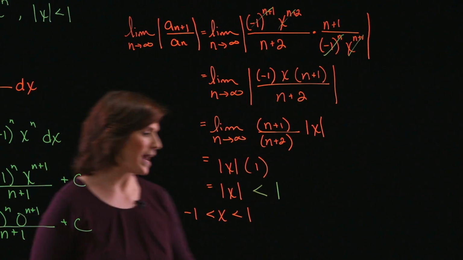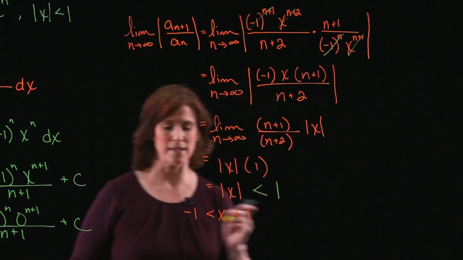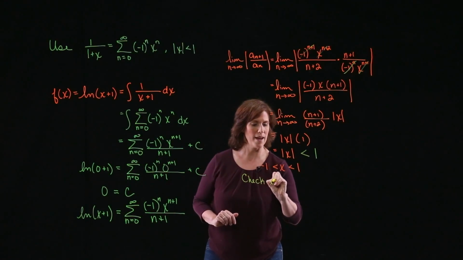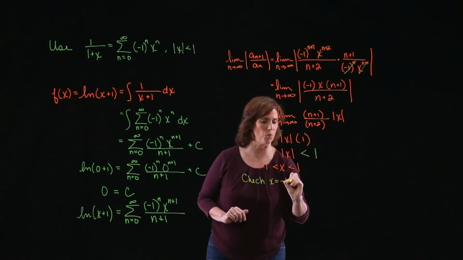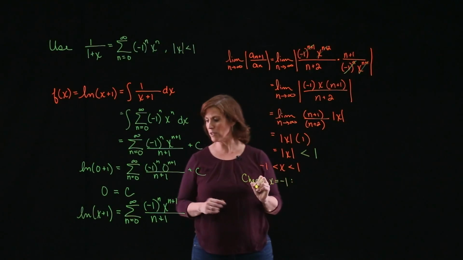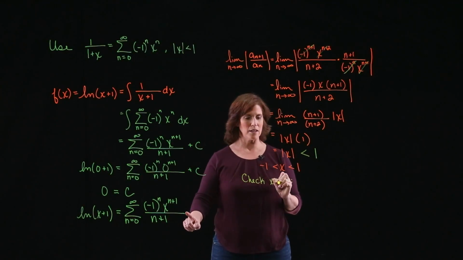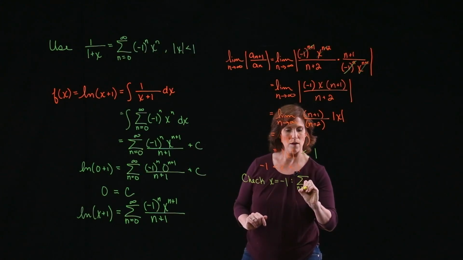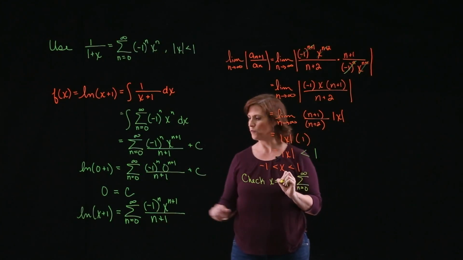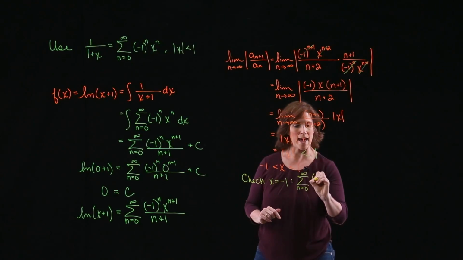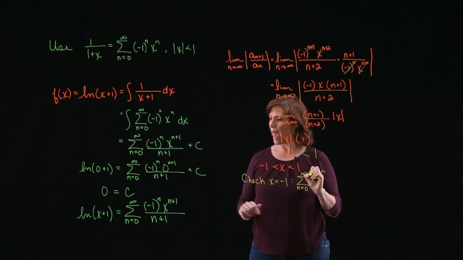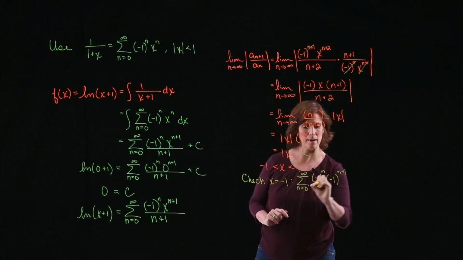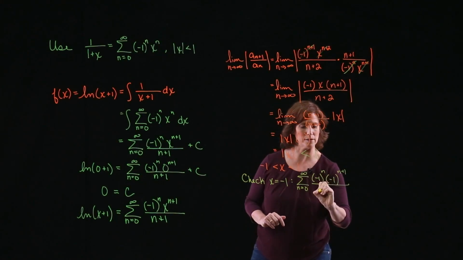Let's see what happens at x equals -1. Going back to the original series, I have the sum from n equals 0 to infinity of -1 to the n and -1 to the n plus 1 all over n plus 1.